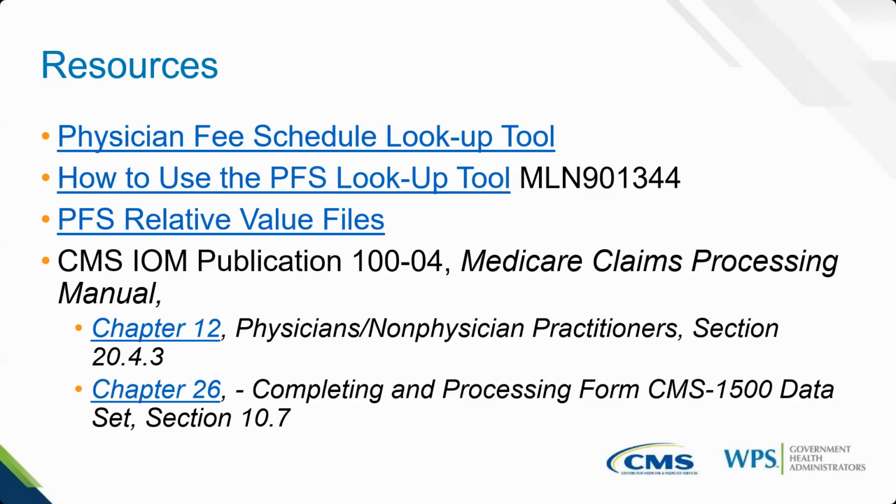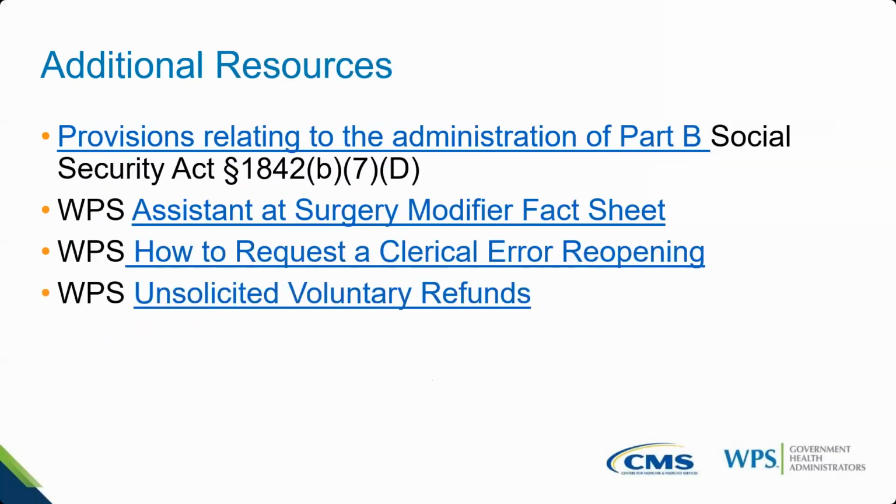Chapter 12 gives you the kind of rules that go along with assistant at surgery, and then chapter 26 provides the claim form instructions on how you submit that, which is going to be part of the modifier usage and then also the type of service usage. We have a section of the Social Security Act listed for you there that also discusses the assistant at surgery information.